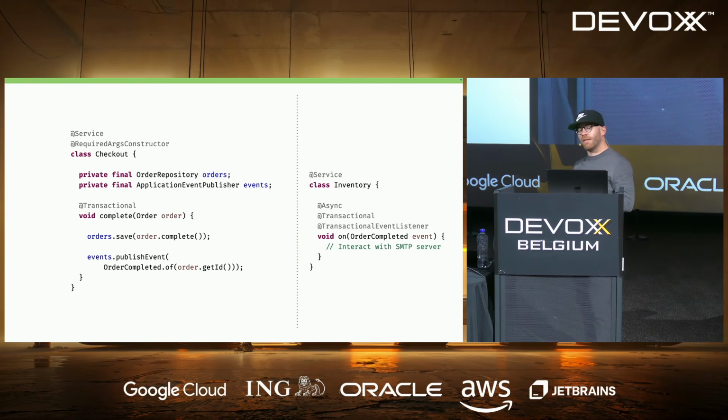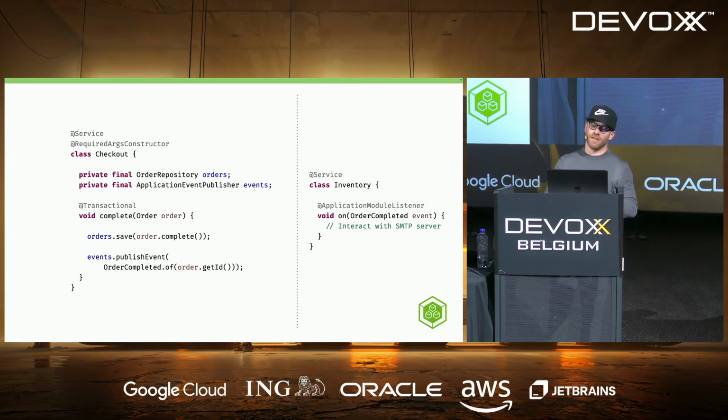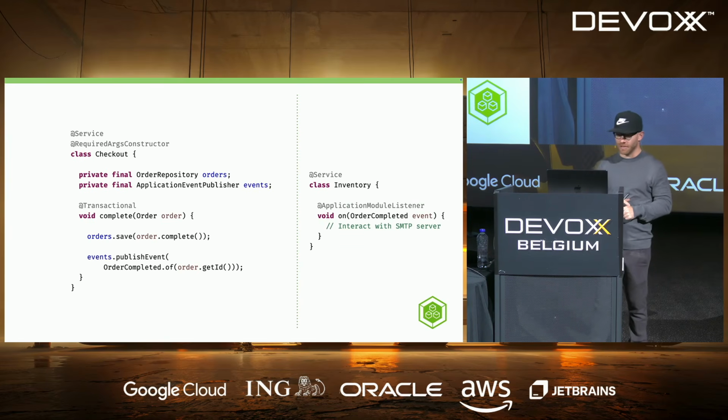So we would end up with add async, add transactional event listener, which is quite a mouthful. It's correct because it does what it says here, but because we think that this kind of eventually consistent integration of application modules is the default thing that you should apply to your Spring Modulith applications, there's a shortcut for that. It's called the add application module listener annotation.